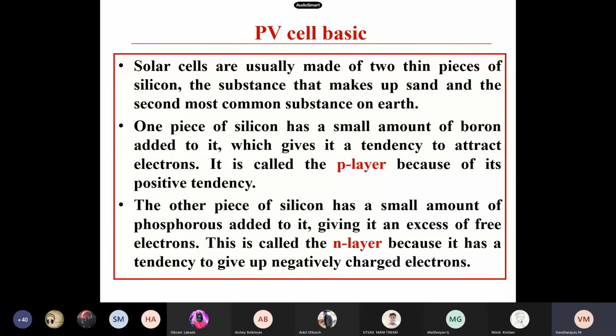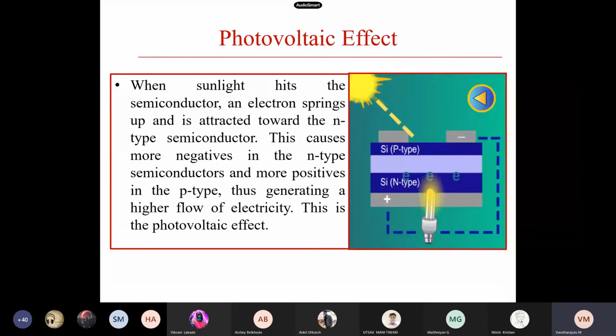When sunlight hits the semiconductor, an electron springs up and is attracted towards the n-type, making the n-type more negative and the p-type more positive, thus generating a flow of electricity. This is called the photovoltaic effect, and we utilize it through the solar PV panel.